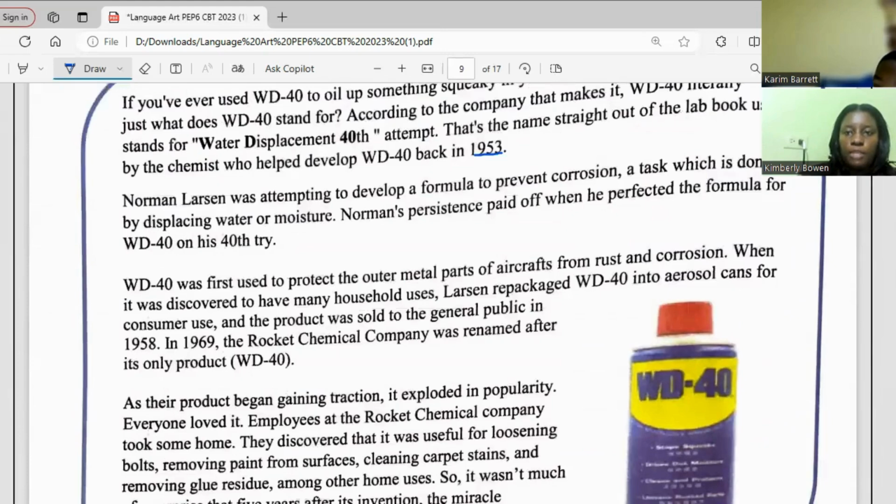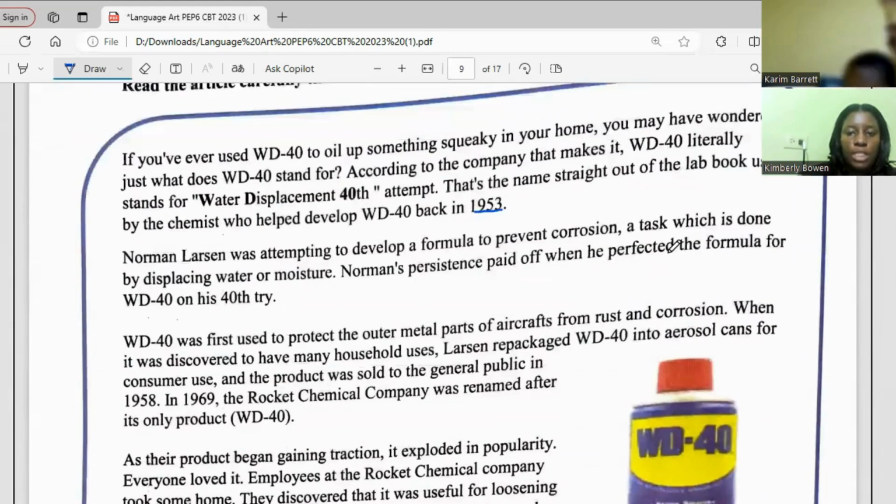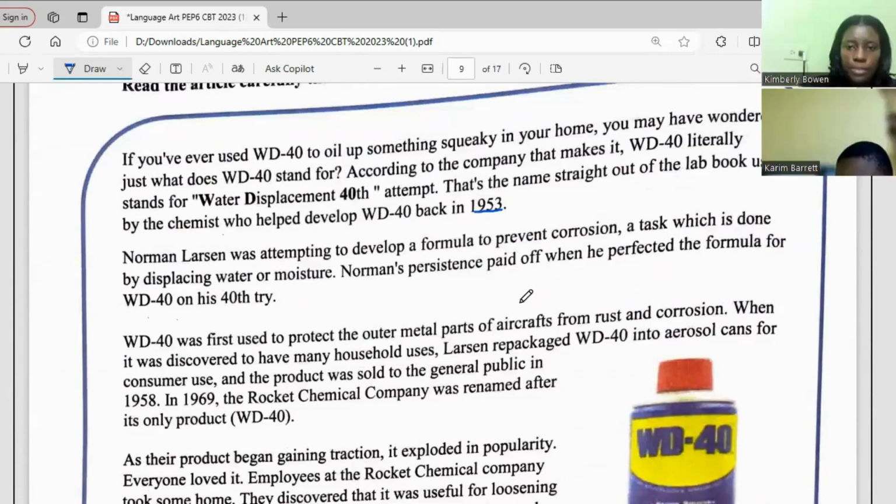Okay, I'm just giving you the option to look at the passage first.